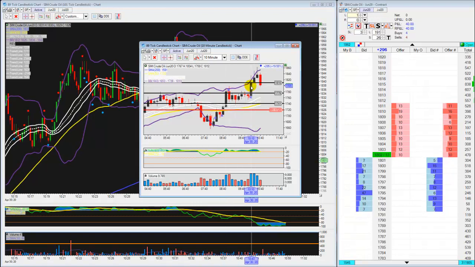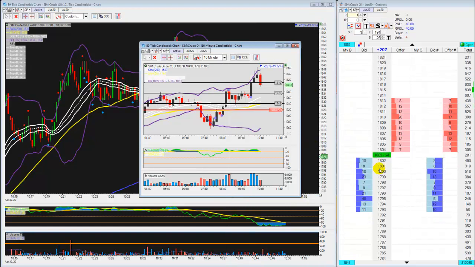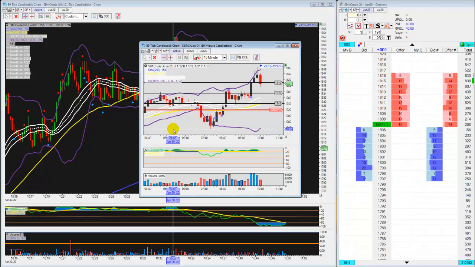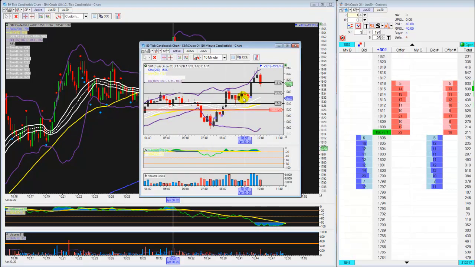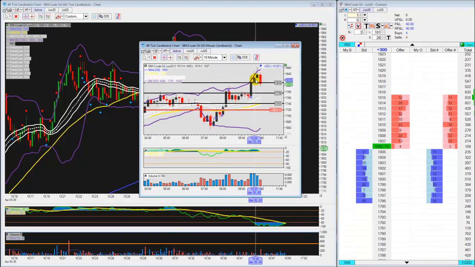Went all the way back down here, the 1800 mark. Most likely I'll go back to any break point that you got going this way.